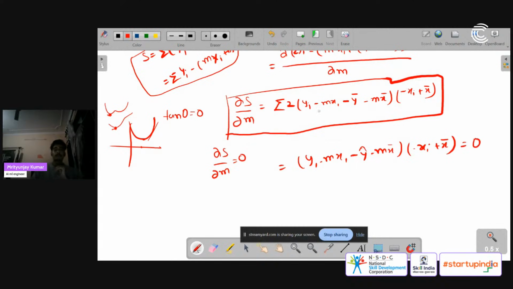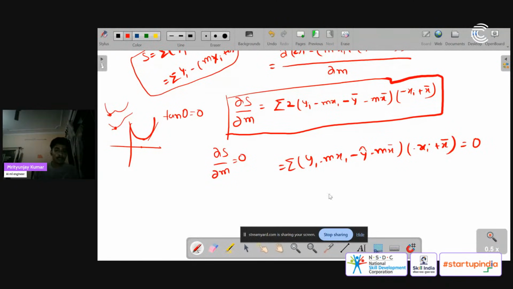In a simple way, you can divide by 2. Dividing by 2 is not going to harm, since a constant value doesn't matter, that's why we exclude this 2 from the equation.